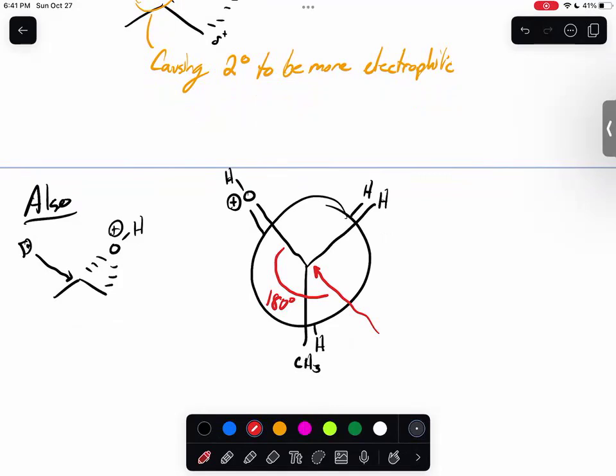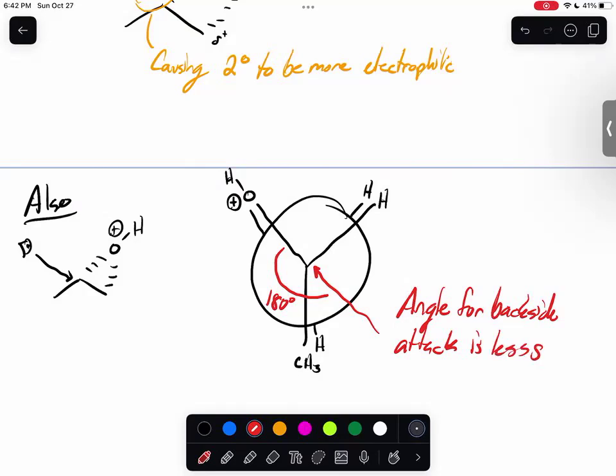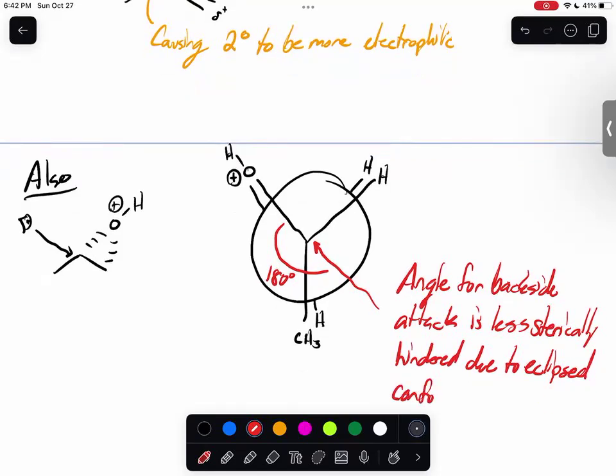So the angle for backside attack is less sterically hindered due to the eclipsed conformation. So what this adds up to is that you can actually do SN2s on these and perform them with less activation energy than you would a normal compound.